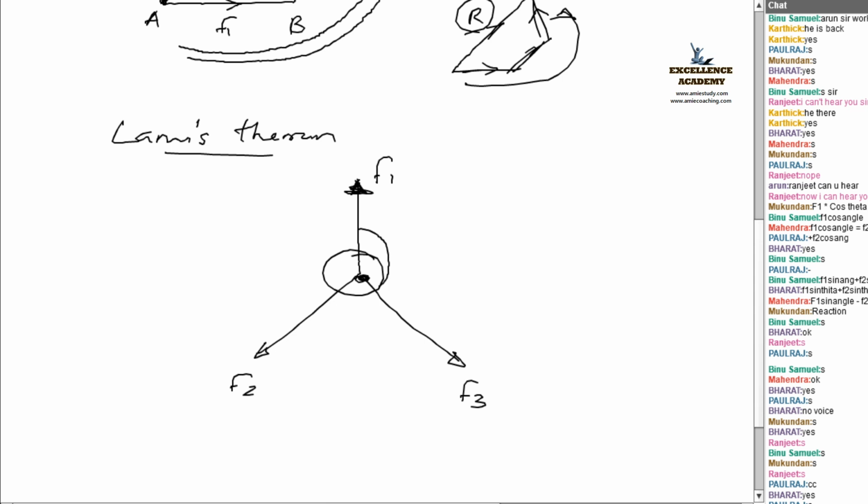Let me write the angles first. Say this is alpha, this is beta, and this is gamma.